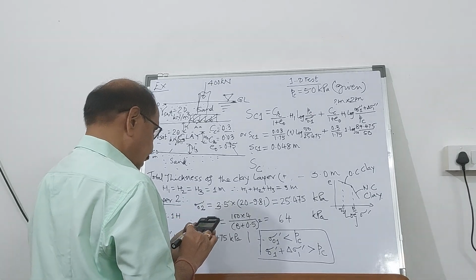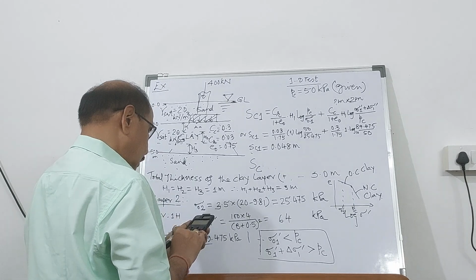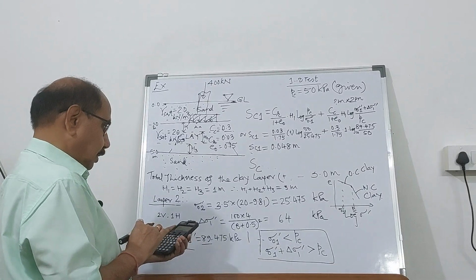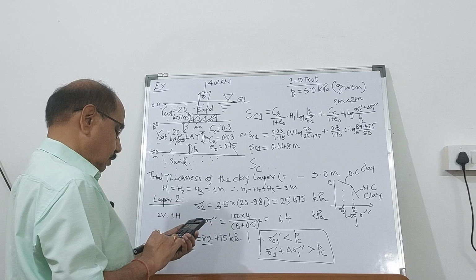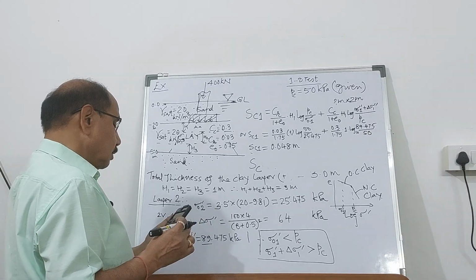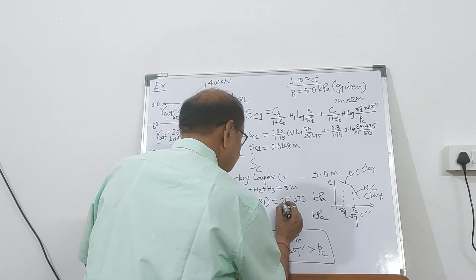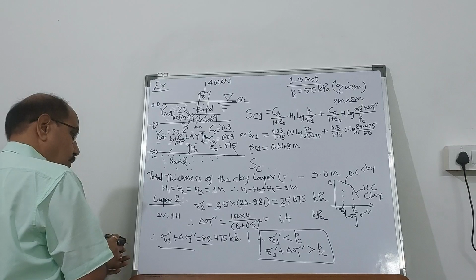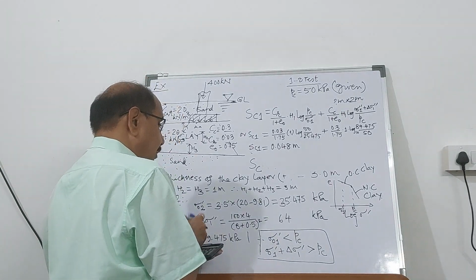So this becomes 3.5 into 10.19, you get 35.665.